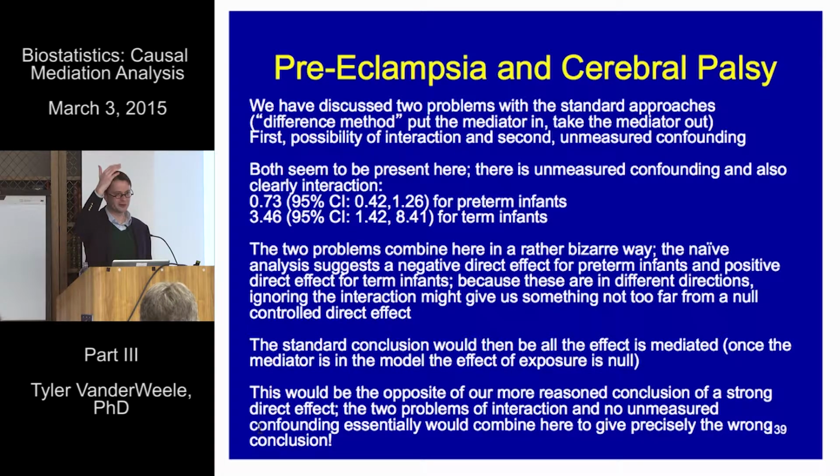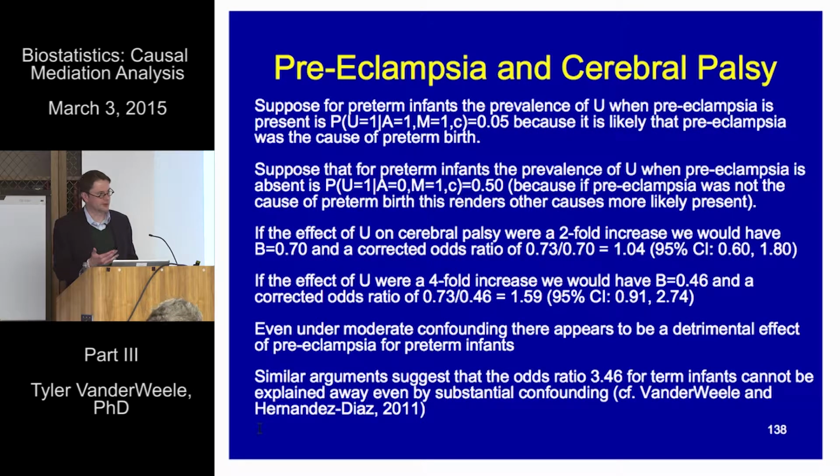We've put the mediator in the model, coefficient for the exposure dropped to 0, all of the effect must be mediated. And that's precisely the opposite of what our more reasoned approach, allowing for the interaction and trying to take some account of potential unmeasured confounding, led us to, which was strong evidence for a direct effect for term infants, and perhaps some evidence of a direct effect, which the unmeasured confounding obscured, perhaps some direct effect for the preterm infants as well.